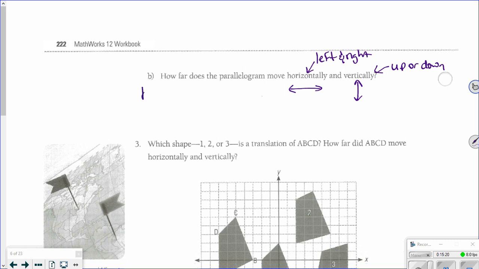For my horizontal, it went 9 units right. For my vertical, it went 4 units down. 1, 2, 3, 4. Yeah.